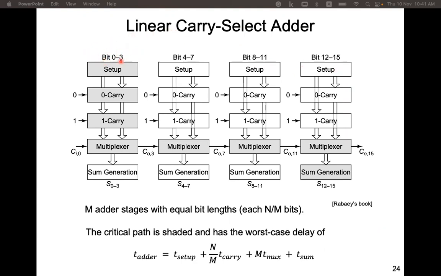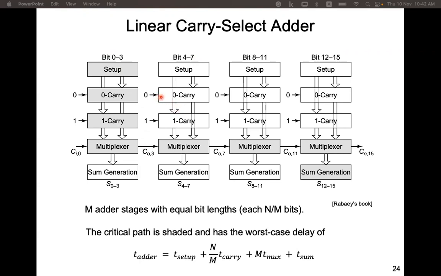The inputs are here. Say for the second group here, normally it needs to wait for the carry out of the previous stage before it can generate its results.